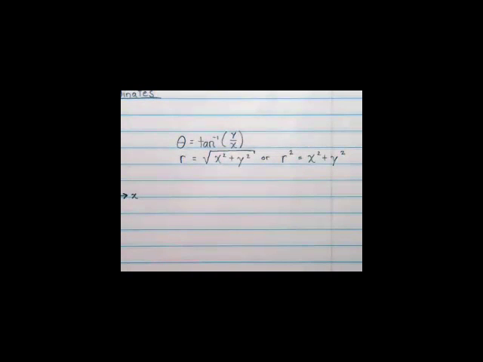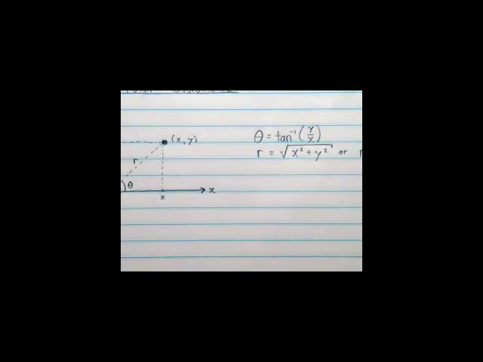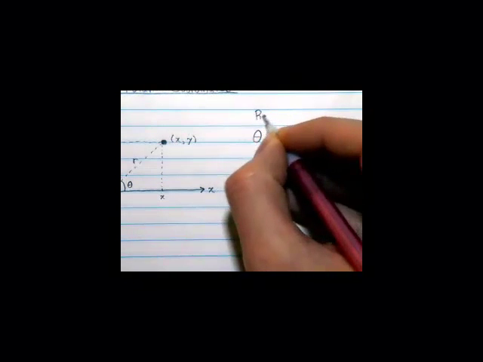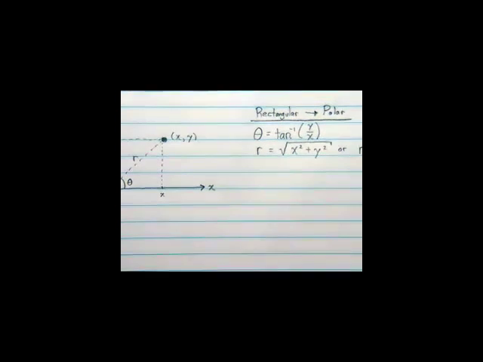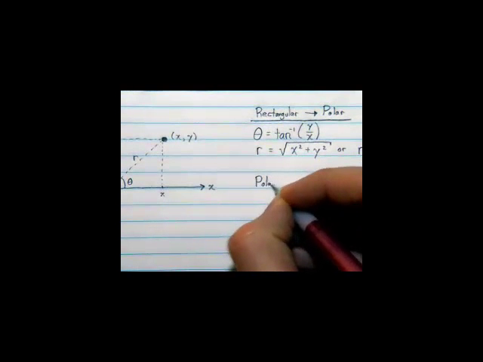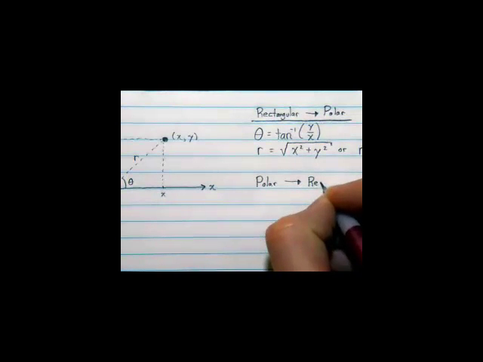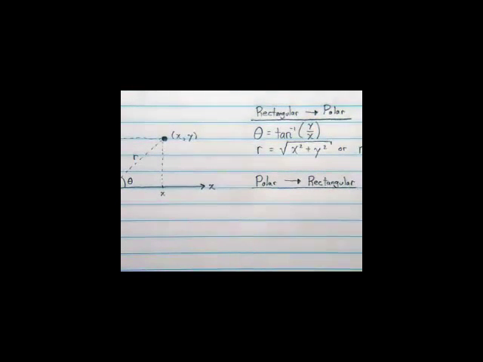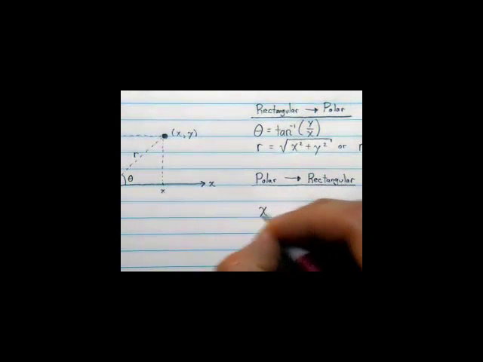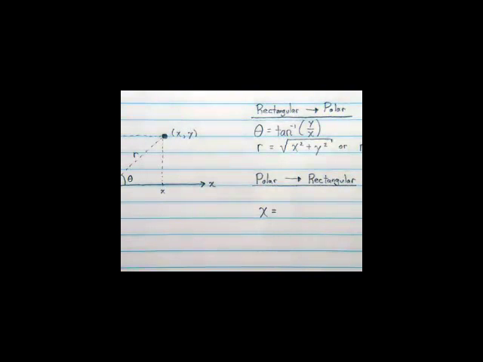It's just a Pythagorean theorem type thing again. If you had a point that was in rectangular form and you wanted to make it polar... x is the magnitude times the cosine of the angle, right? That's what we did.